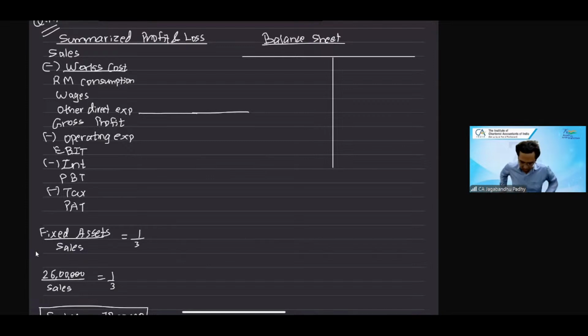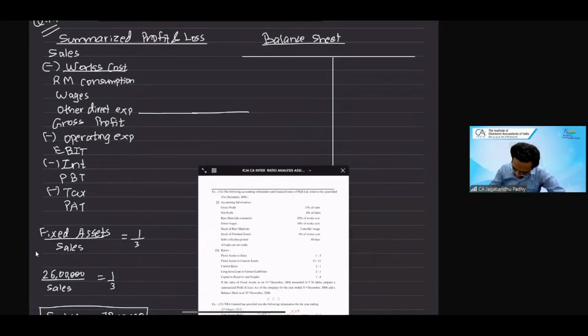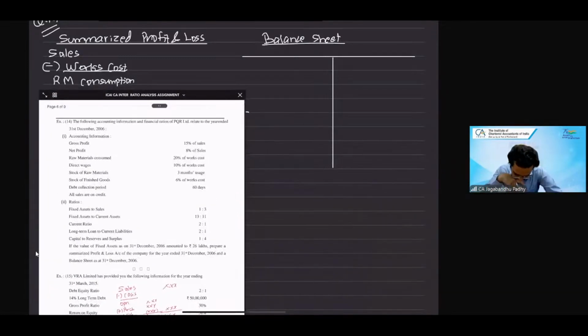Okay, so we will have this summarized P&L, and in the balance sheet now, of course, we will have fixed assets. Okay, and after that fixed assets, then we also have the current assets. Now, current assets will actually comprise a lot of items, right?